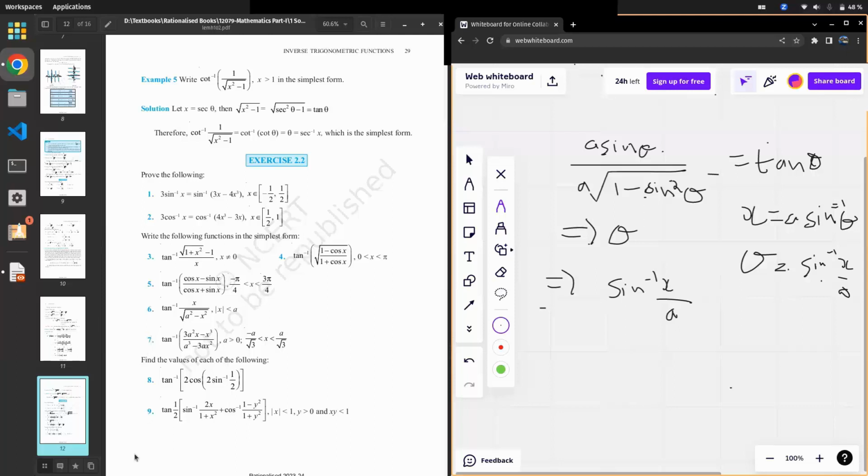So in this question, we have to find the value of tan inverse of 3a square x minus x cube by a cube minus 3ax square. And it is also given that minus a by root 3 is less than x less than a by root 3. So we need to first substitute x with some suitable term which will simplify the given expression.